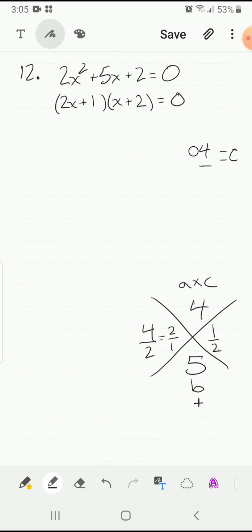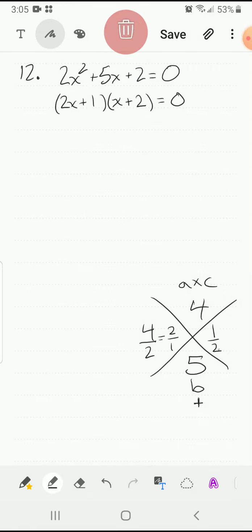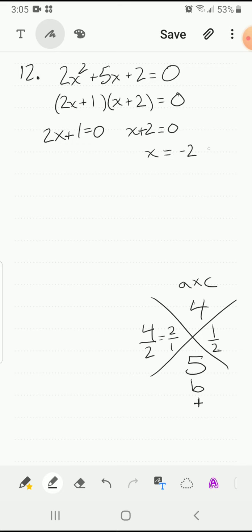So either 2x plus 1 equals 0 or x plus 2 equals 0. Let's look at x plus 2 first because it's the easier one. If x plus 2 equals 0, that means x needs to equal negative 2, right? Negative 2 plus 2 equals 0.